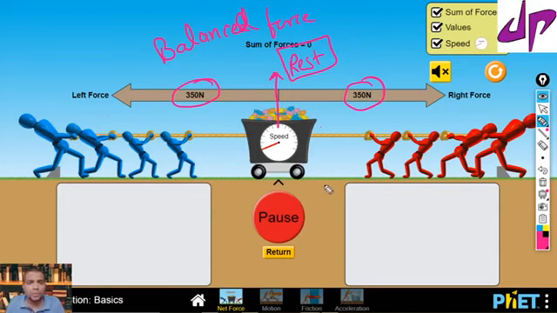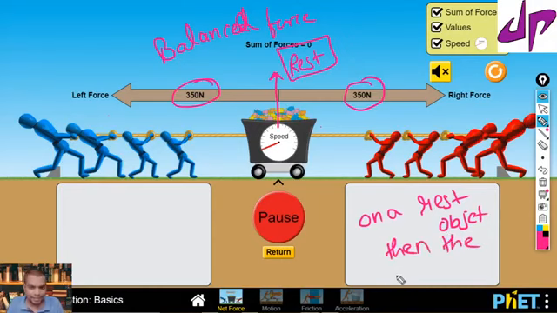So if a balanced force acts on a rest object, then the object will be at rest, and the object will not change. It will not change its state.